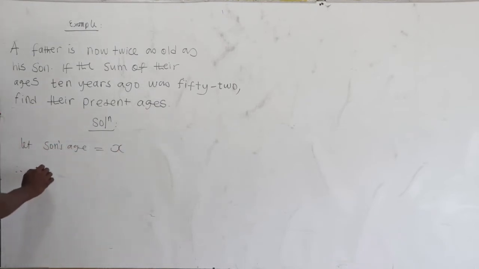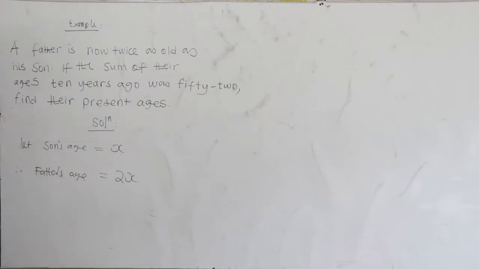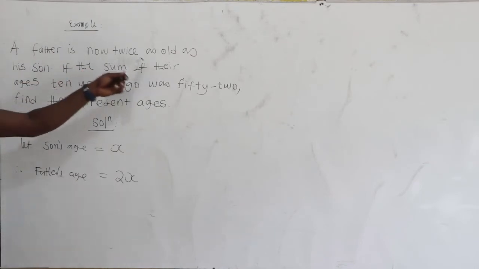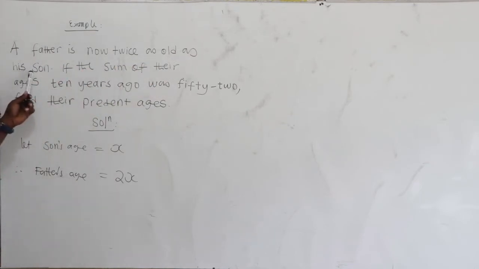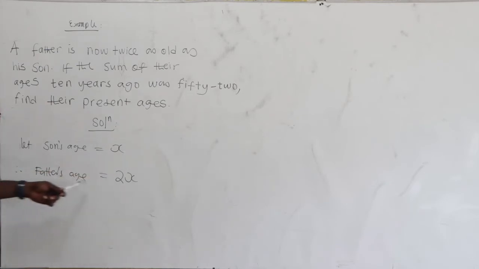Therefore, the father's age is 2x. Why? You have been told the father is now twice as old as his son. So if you know the son's age, you'll be able to know the father's age. We don't know, so we say let the son's age be x. Hence, the father's age will be 2x.